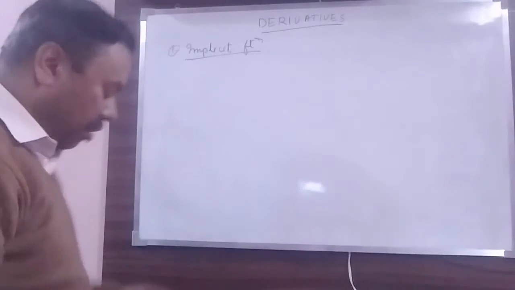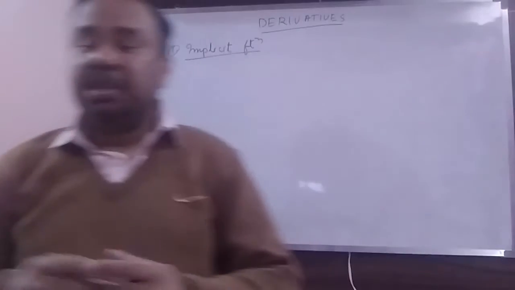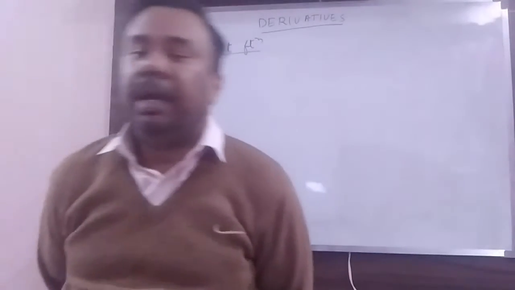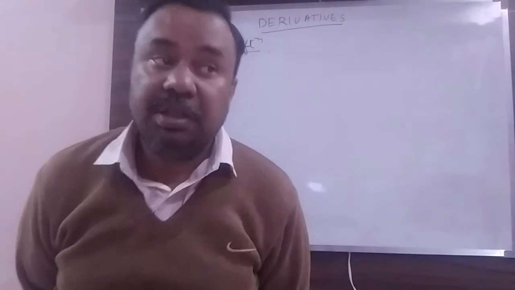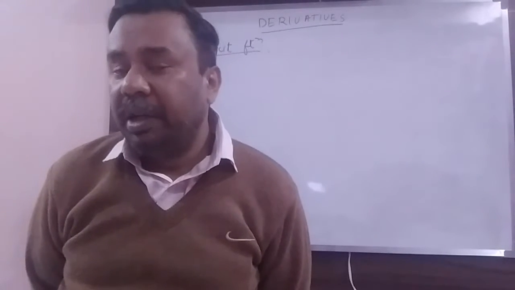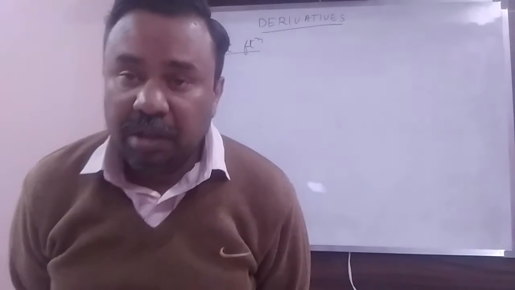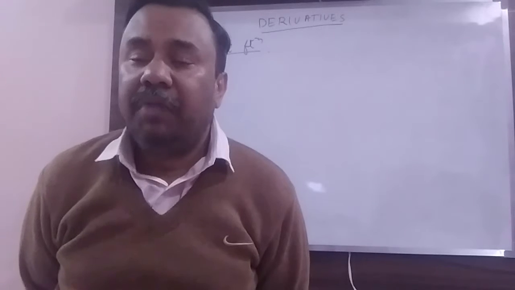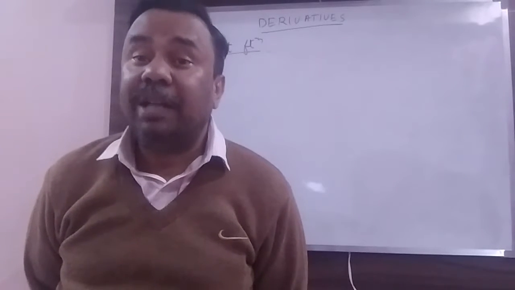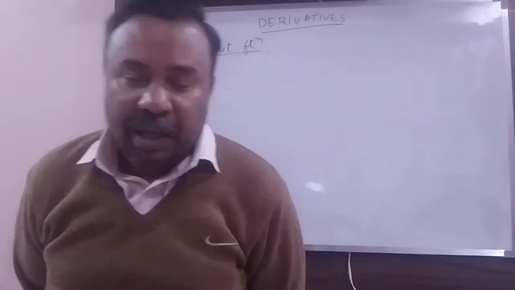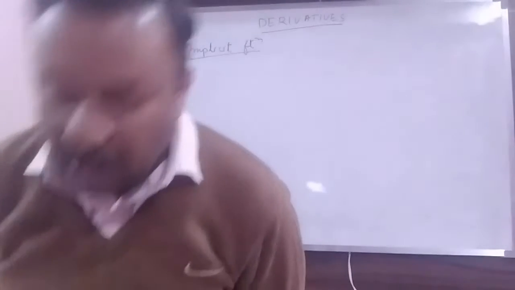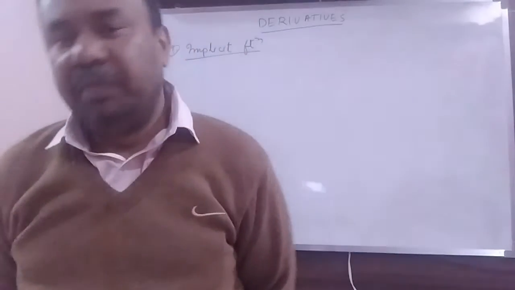Implicit functions are those functions where x and y are related in such a way that y cannot be easily or conveniently expressed directly as a function of x. In this case, we have two methods to solve it. One is the substitution method, and the other is by directly differentiating it.